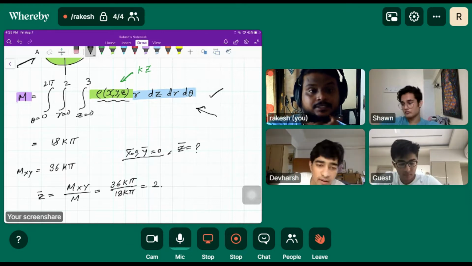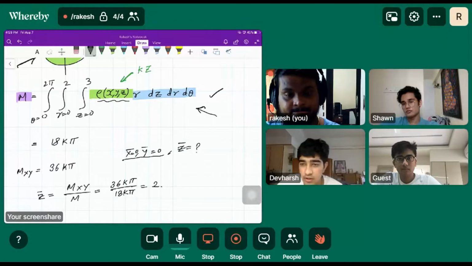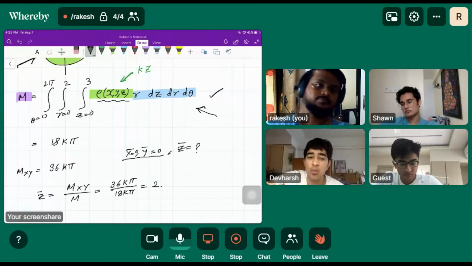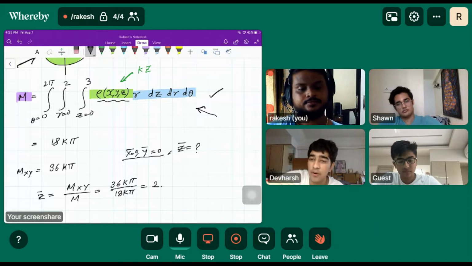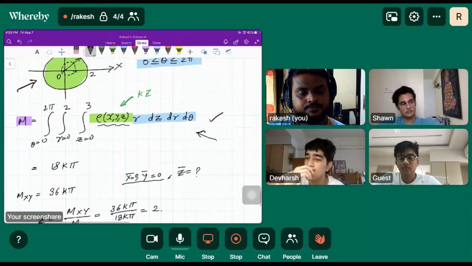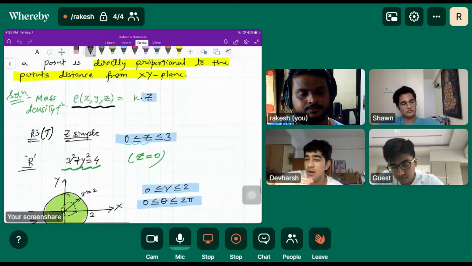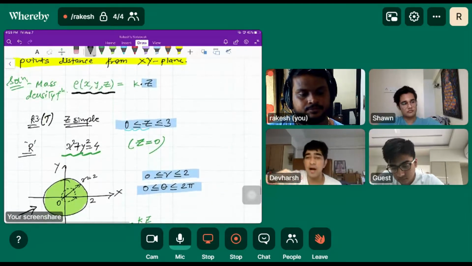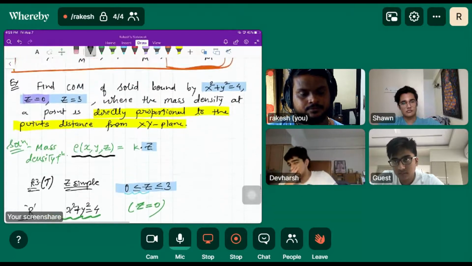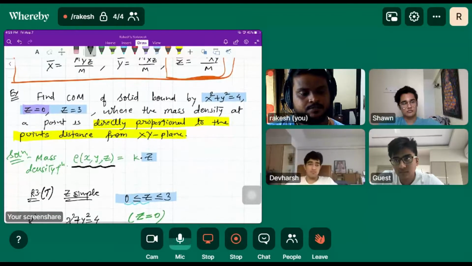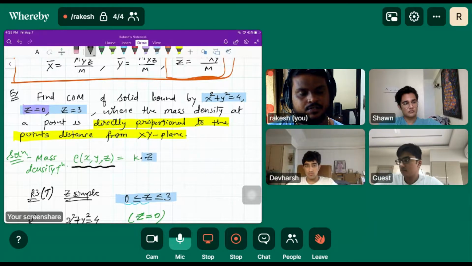But sir, I have a doubt. Think very intuitively: shouldn't it be 1.5, since z goes from 0 to 3? Why is it higher than that midpoint on the z axis? The solid is x square plus y square equal to 4, z equal to 0, z equal to 3, where the mass density at a point is directly proportional.